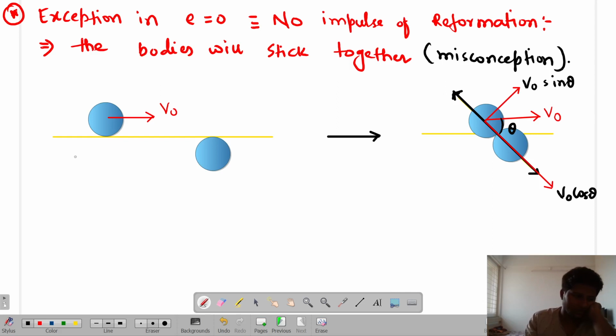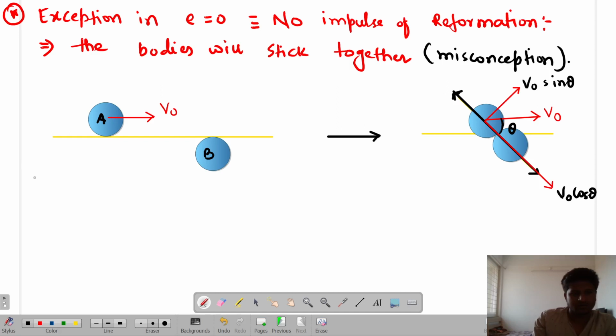Are you able to get me? So look over here. If we try to see, this is block A and this is block B. So if we want to talk about the velocity components, let us just try to understand.